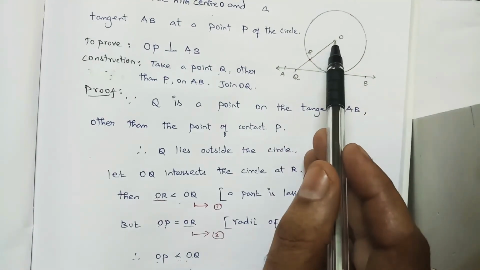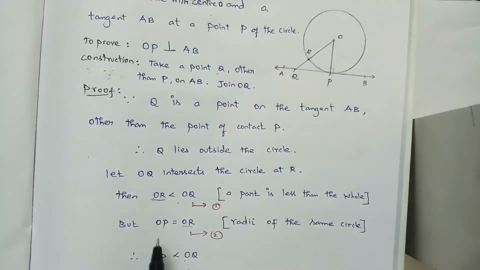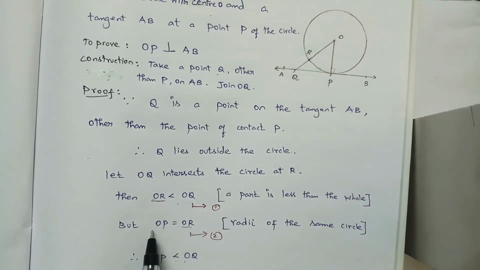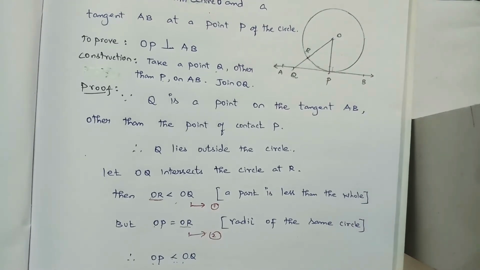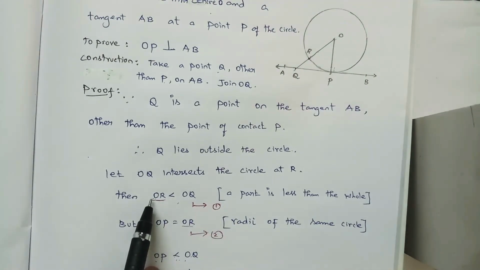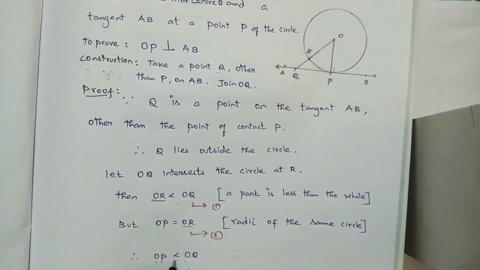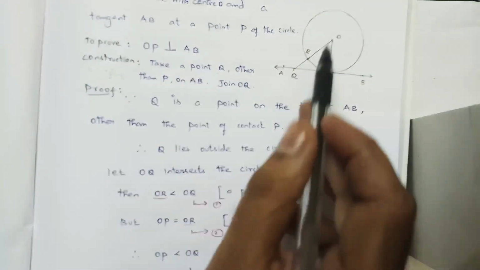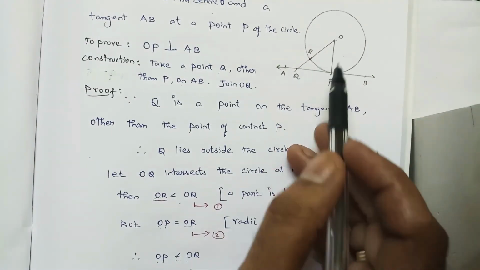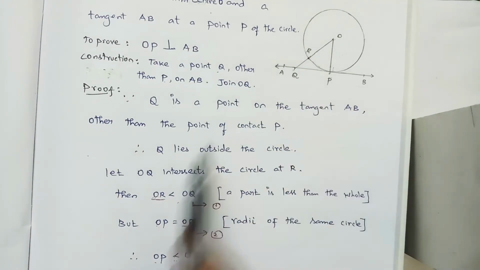Now we already know that OR is equal to OP, since both are radii. Equation 2: OR is equal to OP. By comparing equations 1 and 2, instead of OR I put OP. That means OP is less than OQ. The length of OP is less than the length of OQ.